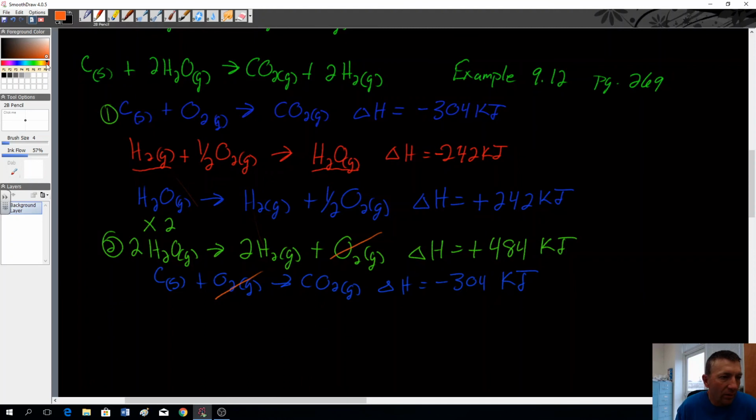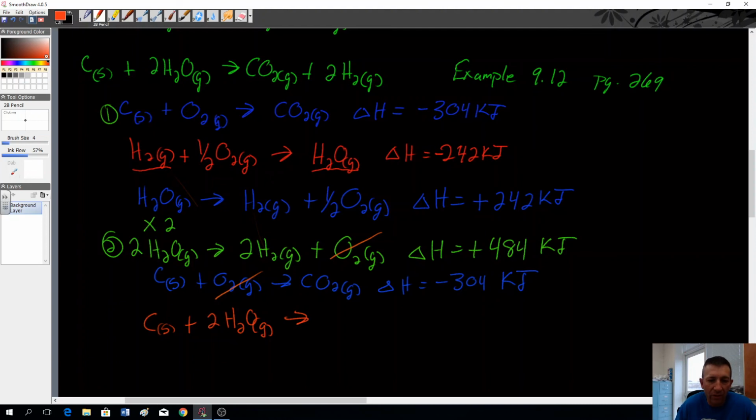Now, the next thing I'm going to do is add them all together. I'm going to add everything on the left side. So on the left side, I've got 1 carbon. So I'm going to write carbon as a solid plus, I cancel out the O2. The other thing, I've got 2 H2O gas on the left side.